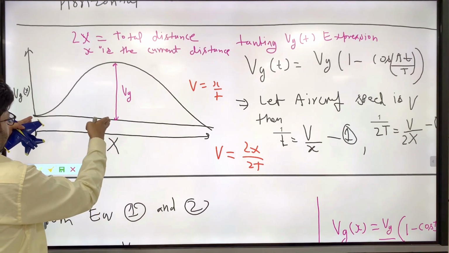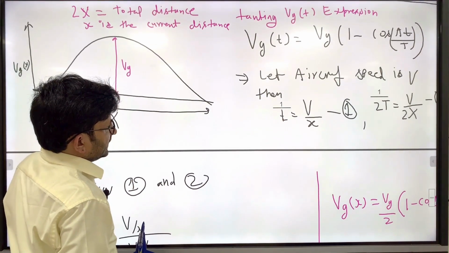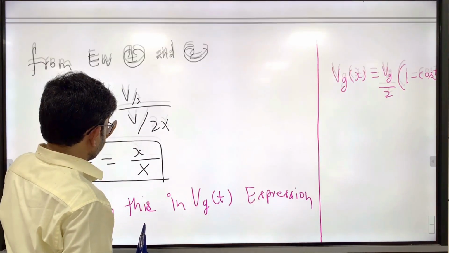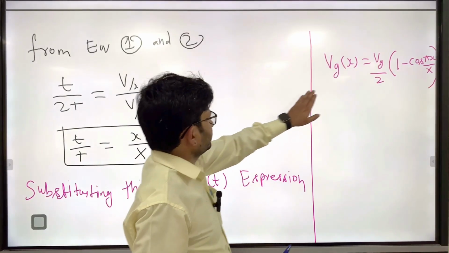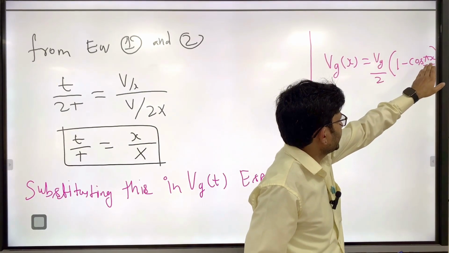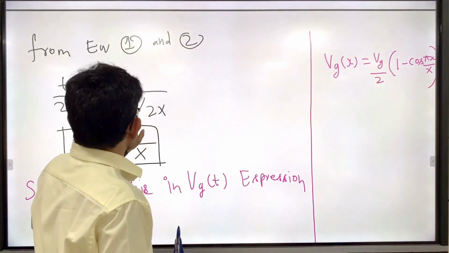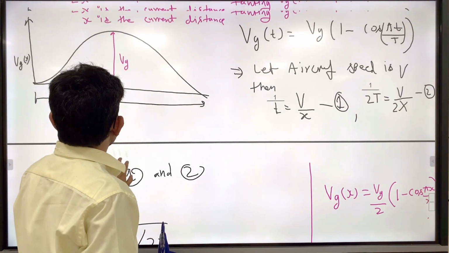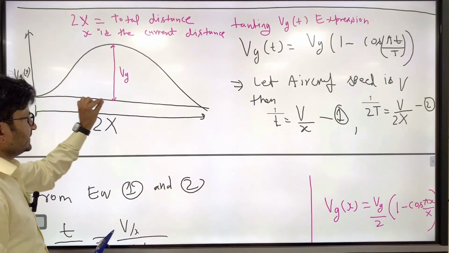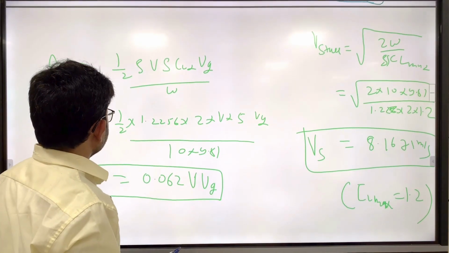So t by capital T can be substituted by small x by capital X. The final expression will become Vg as a function of x equals Vg by 2 times 1 minus cos pi x by capital X. So X is this distance, 2X is the total distance, and small x is the generalized distance at any point.